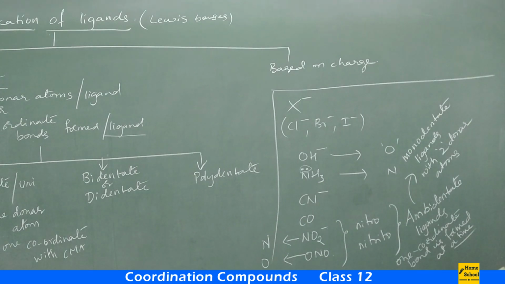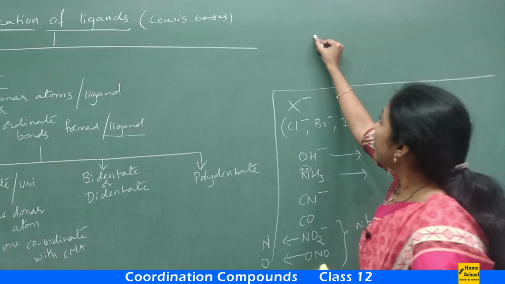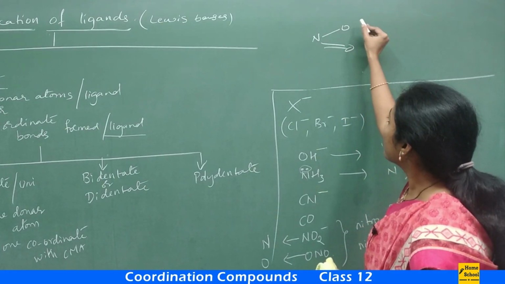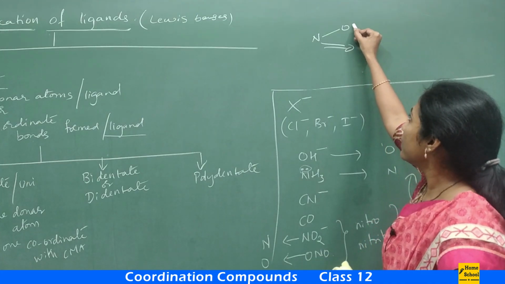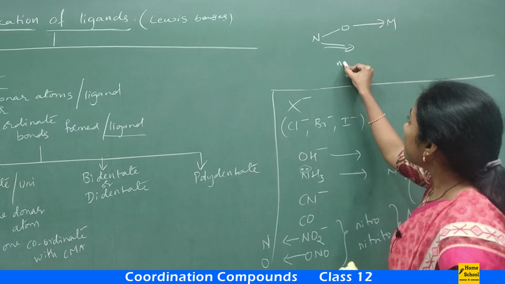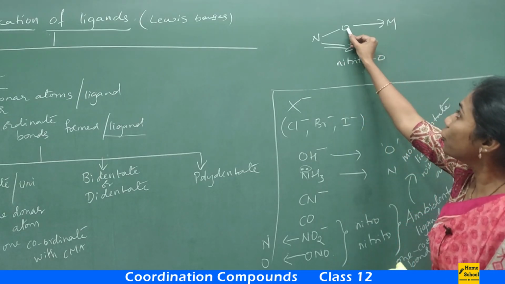See here, for example, you have NO double bond O. If the linkage is from O to the central metal atom, then it is called nitrito-O, the linkage being through oxygen.